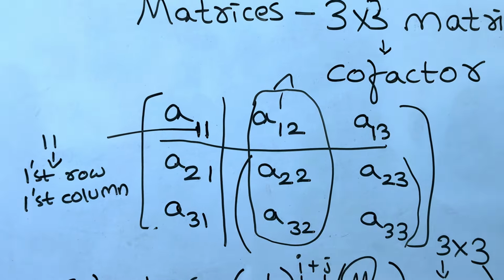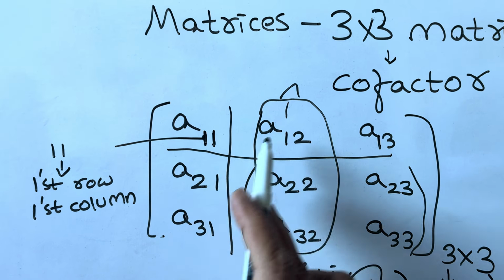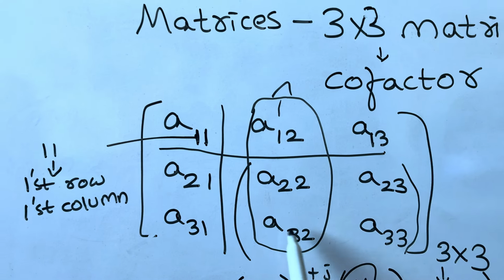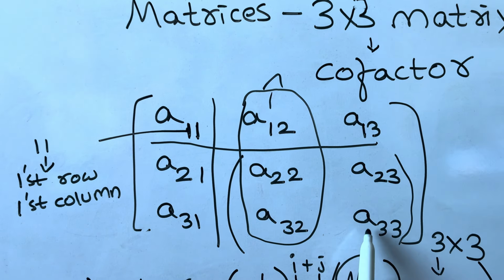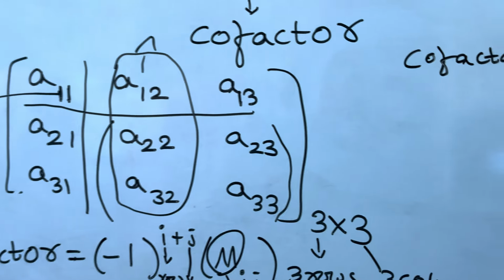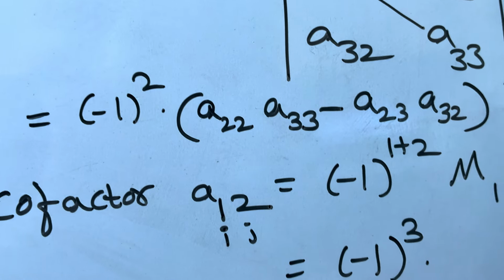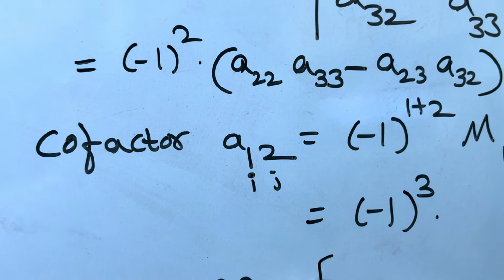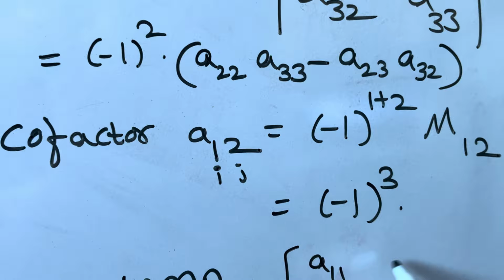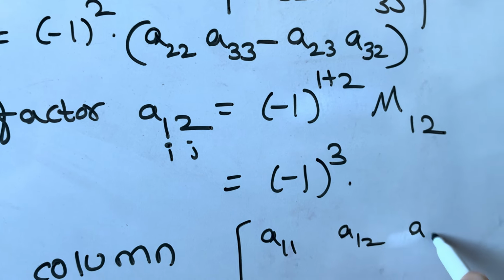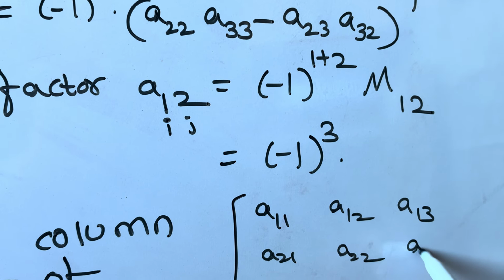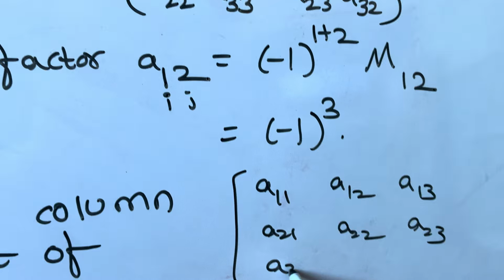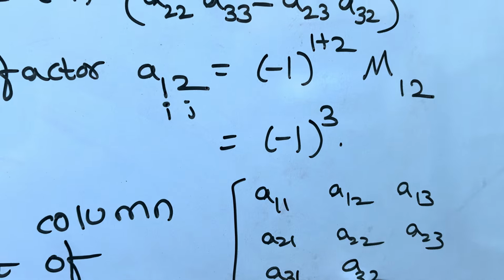Then the remaining matrix would be, with first row and second column eliminated, this one, this one, this one, and this one. So let me show you here clearly. I'm going to rewrite the matrix here for you: A11, A12, A13, A21, A22, A23, and A31, A32, A33.